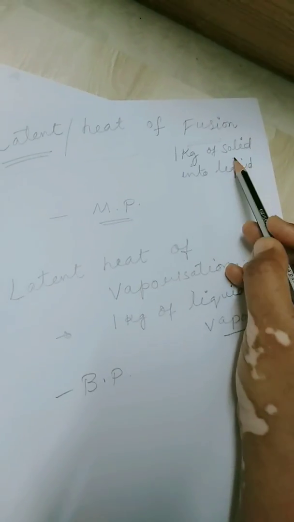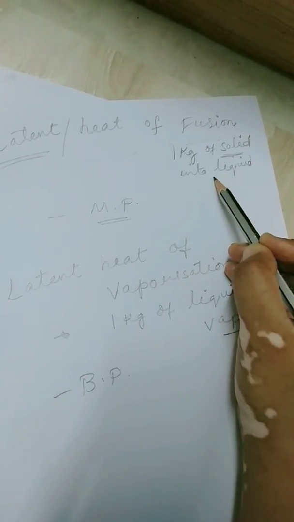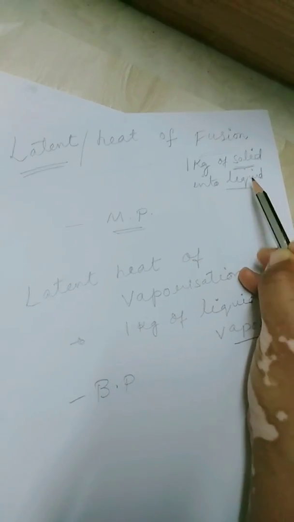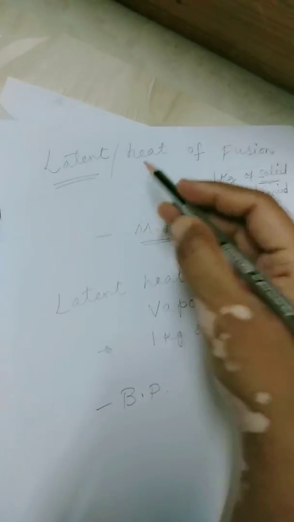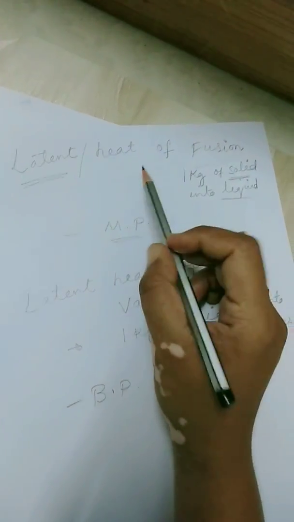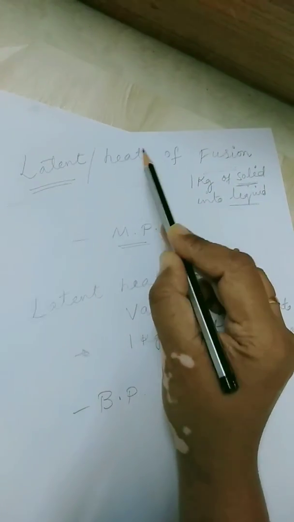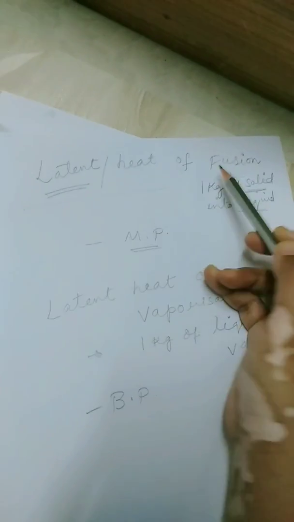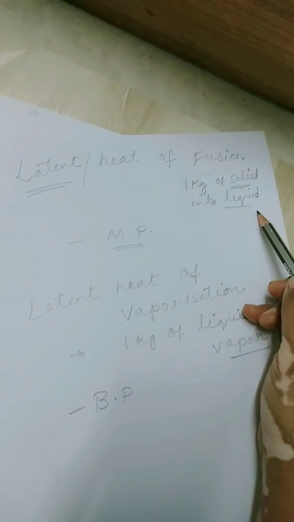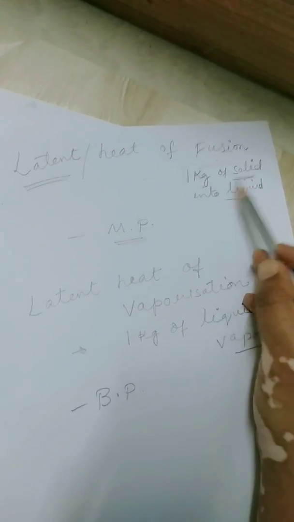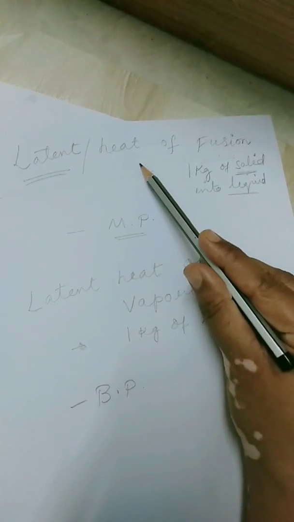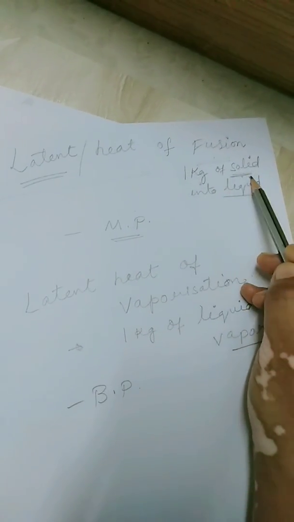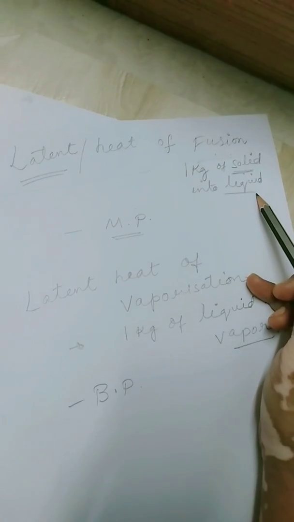So in order for the solids to convert into liquids, the solids should get the amount of heat energy equal to the latent heat of fusion to change into liquid. In case it doesn't get that amount of heat, it will not get converted to liquid.